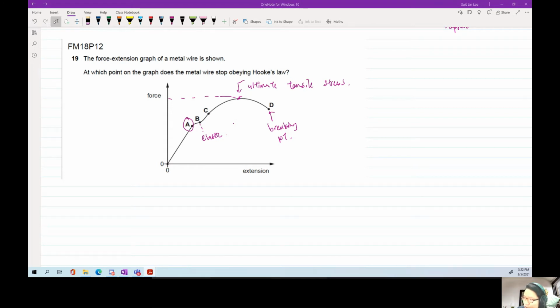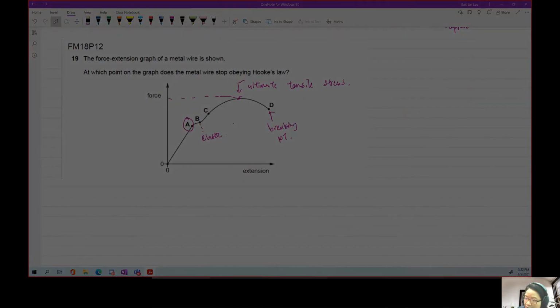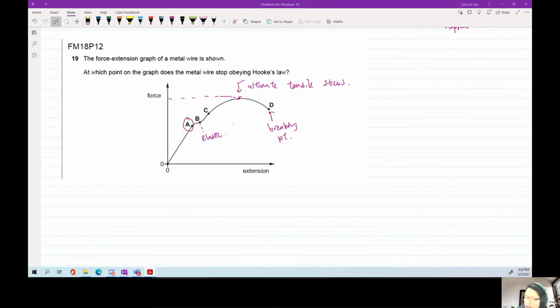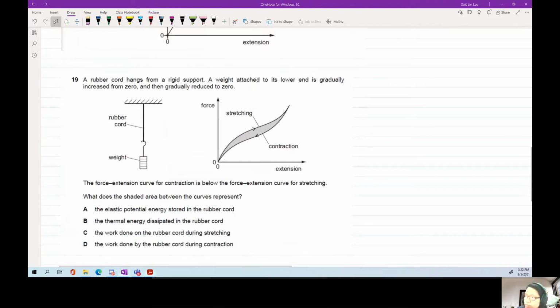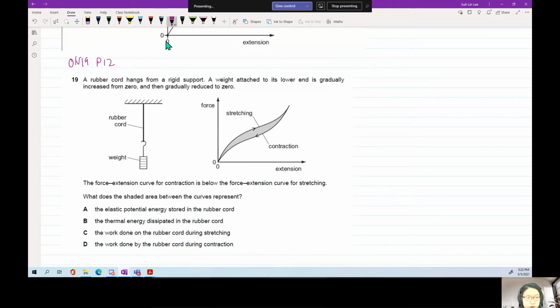The second one regarding the graph is the area. The force extension graph, the area under the curve shows you the energy required to stretch the material. So this question is from Winter 19, paper 1-2. Here we have a rubber cord hanging from a rigid support.